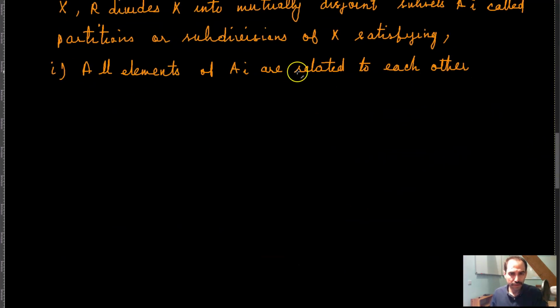So all elements of A of I are related to each other for all I.